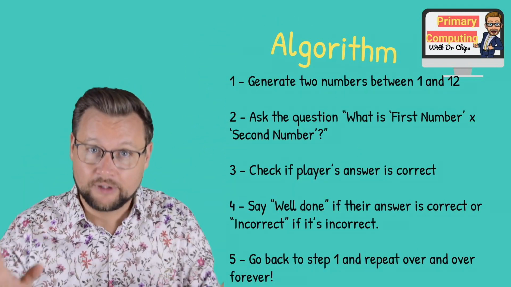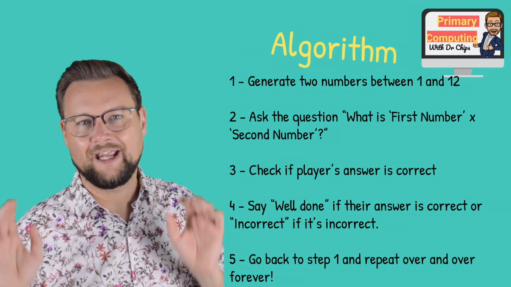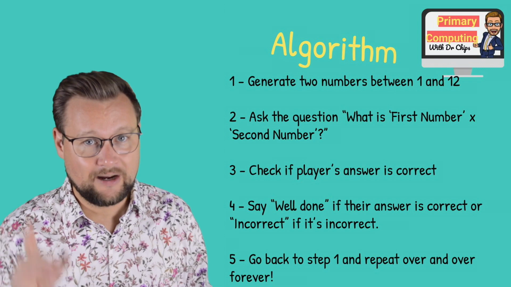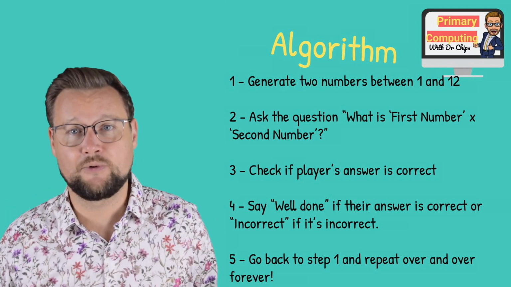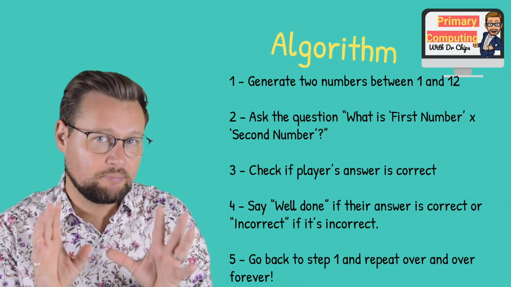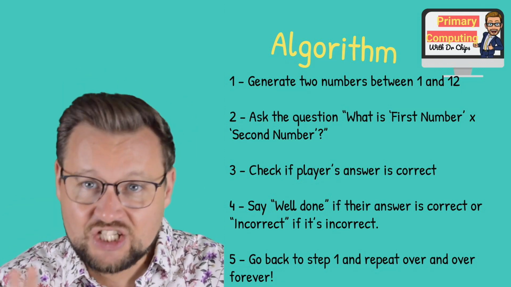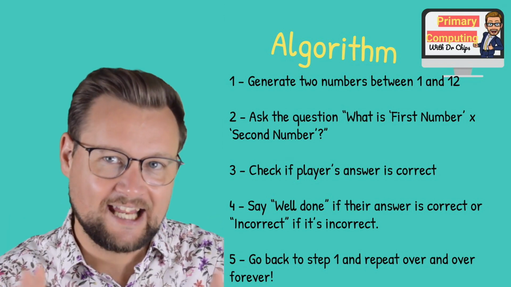So, next task. I want you to look at your or mine algorithms and think to yourself, what are we going to need variables for in this program? Now, a trick here which I always tell my pupils is to think about what's going to be changing when the program is run. Because for everything that's going to be changing in values, we're going to need a variable.